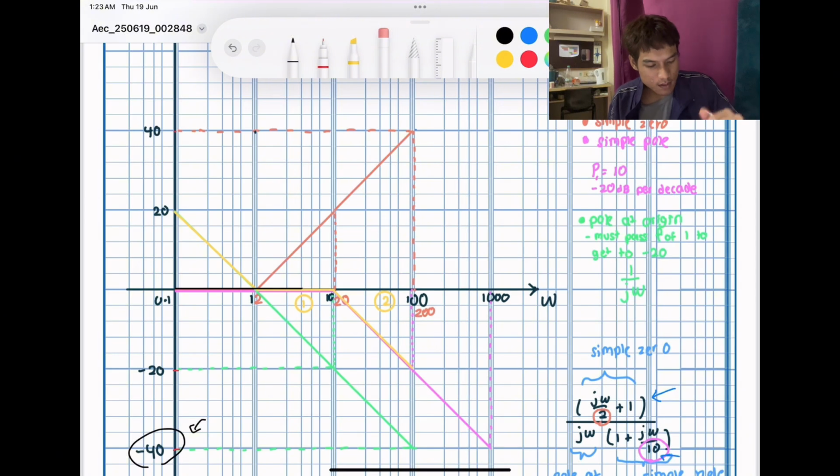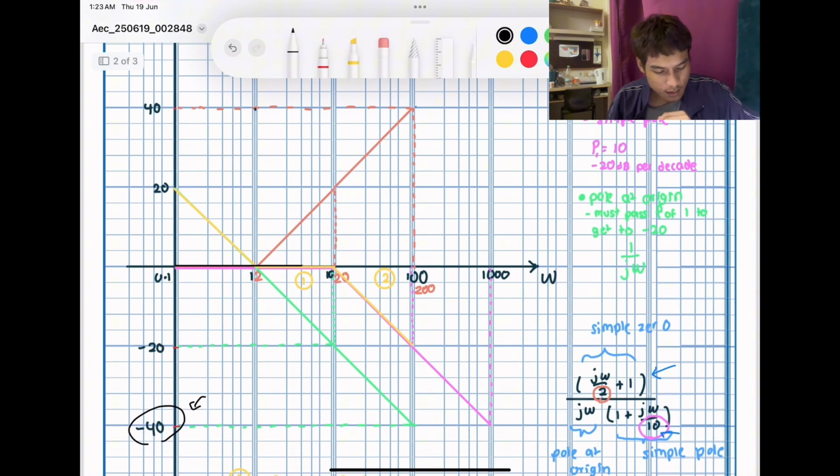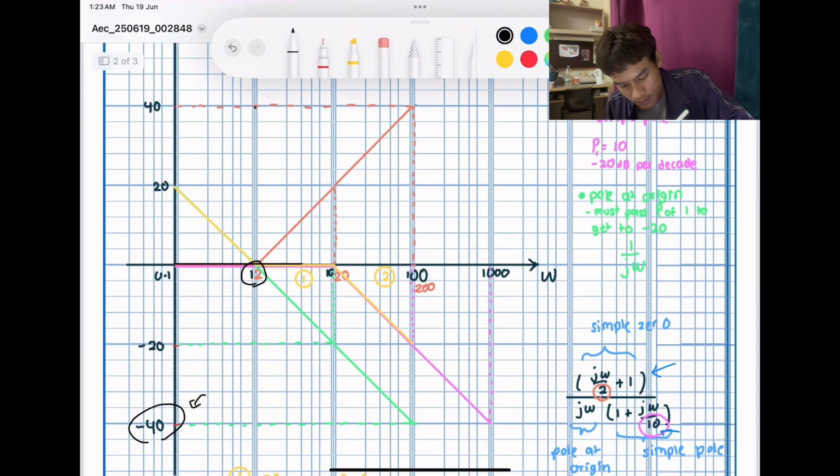And the last one is the pole at origin. The pole at origin states that the line must pass frequency 1 to reach negative 20 decibels. This means you need to focus on the green line. It will start from 0.1 at 20 decibels right here, pass frequency 1, and reach negative 20 decibels by a decade.